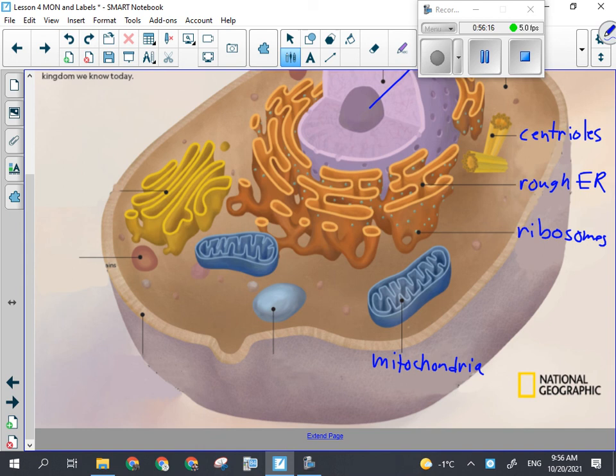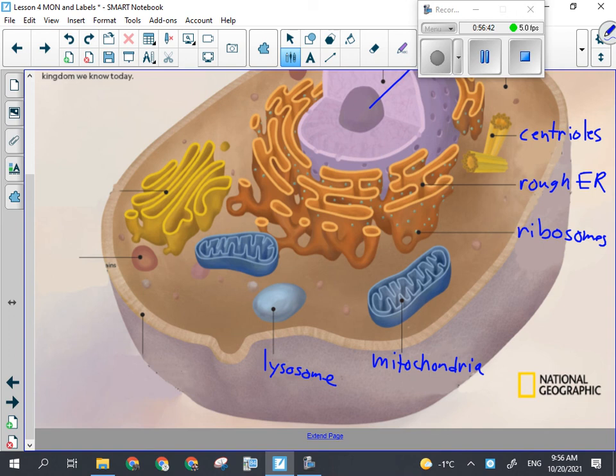What's one of the organelles animal cells need that plant cells don't? Lysosomes. Yeah. Okay, so this is a lysosome. Okay, so inside of that would be food and digestive enzymes. Okay, so the process of digestion would be going on inside of that.